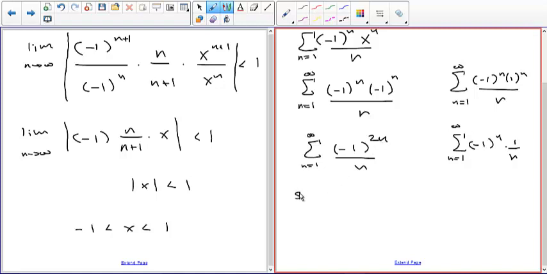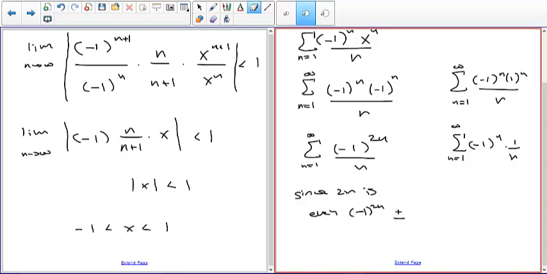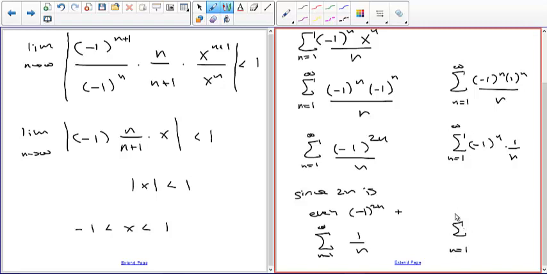So since 2n is even, -1 to the 2n is positive. So we can simplify this down to 1 over n. And this one is -1 to the n times 1 over n.